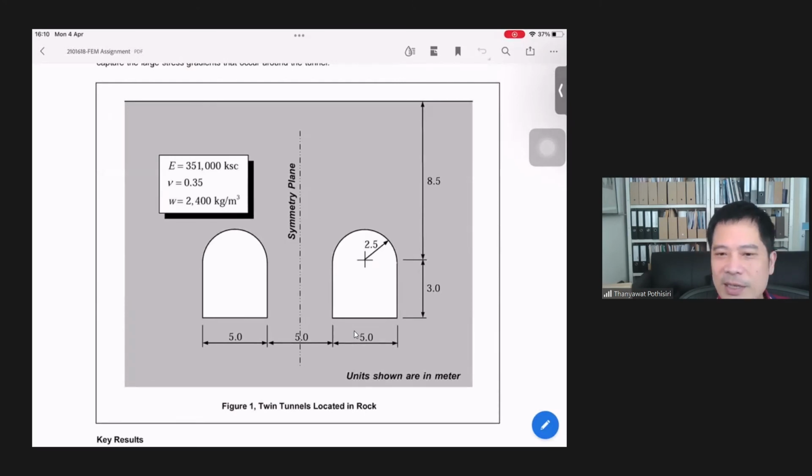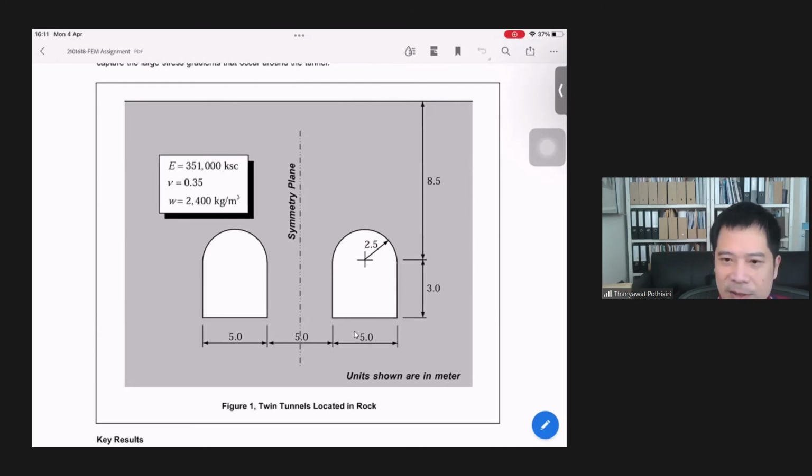So instead of analyzing the full problem, you can also make use of symmetry. But when you use the concept of symmetry to analyze this problem, you need to apply proper boundary conditions onto the symmetry plane.